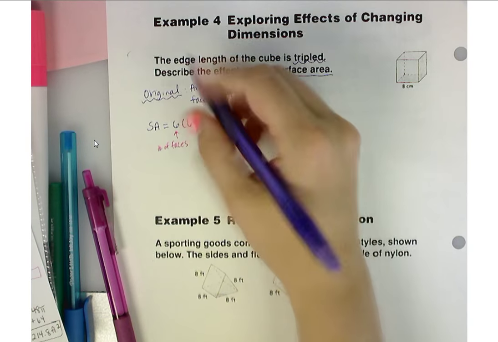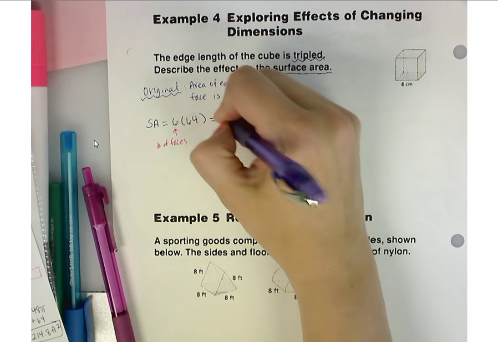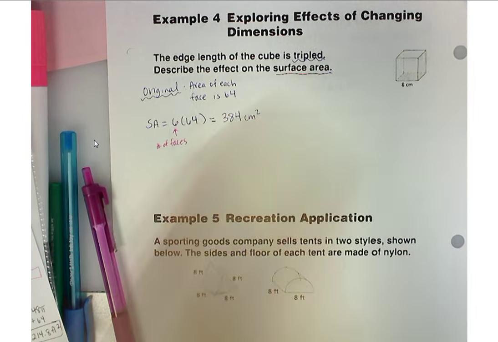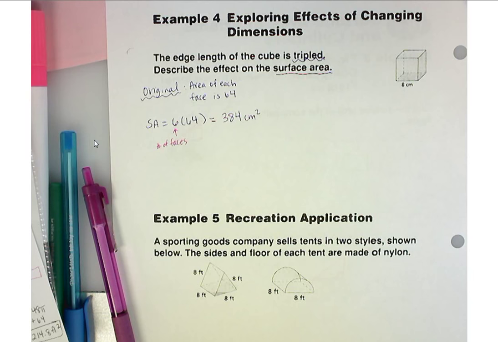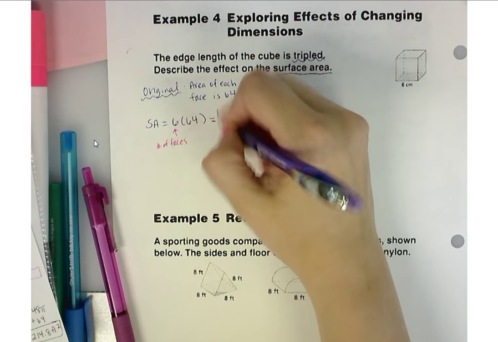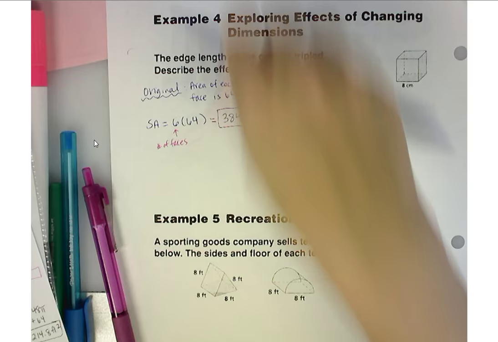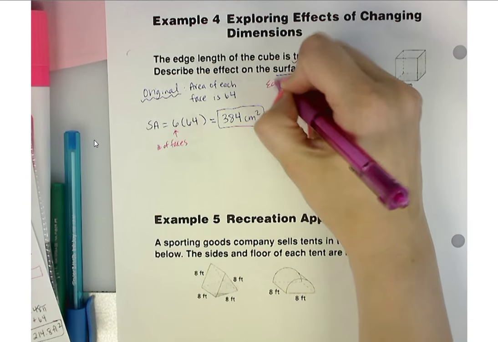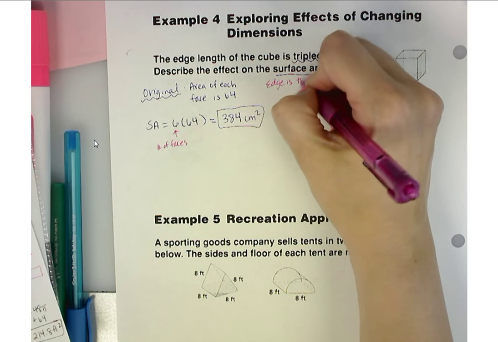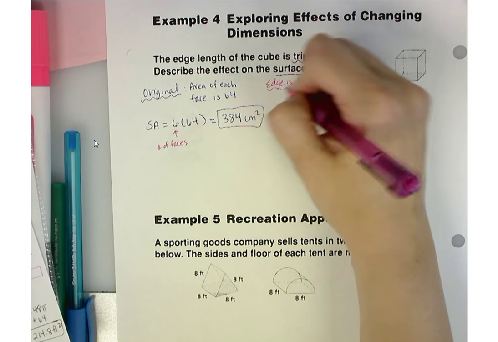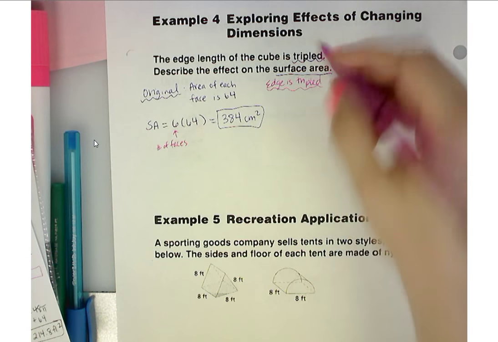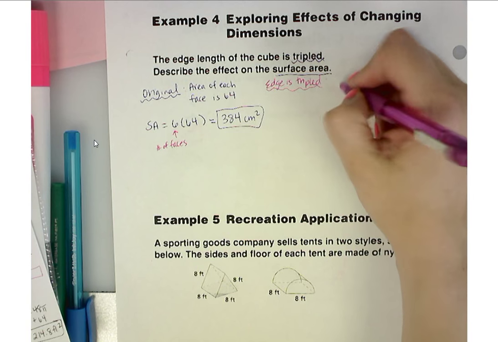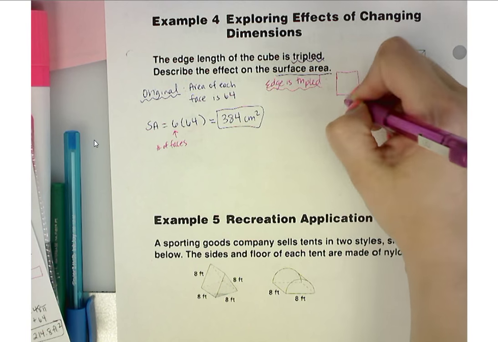So then you could figure out right away that the surface area is 384 centimeters squared. And that's for the original. Now, let's find it when the edge is tripled. When the edge is tripled, instead of 8, Logan, what is each side going to be? 24.